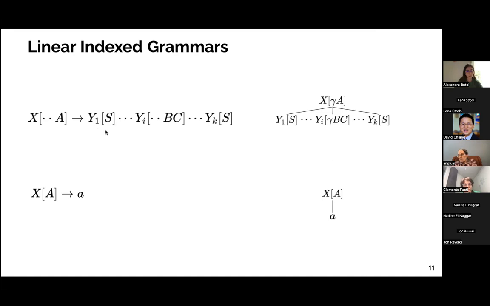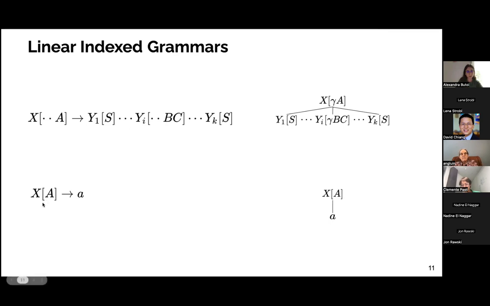On the right-hand side, you have a sequence of non-terminals, including one distinguished one that gets the stack of X. You can also rewrite the symbols at the top, so A gets replaced with BC and the rest of the stack remains unchanged. The other symbols get augmented with the start symbol.